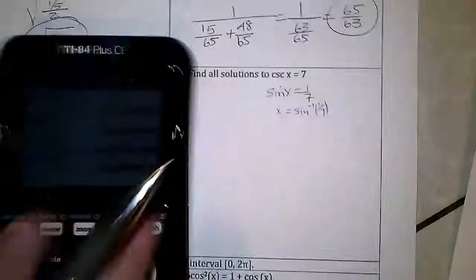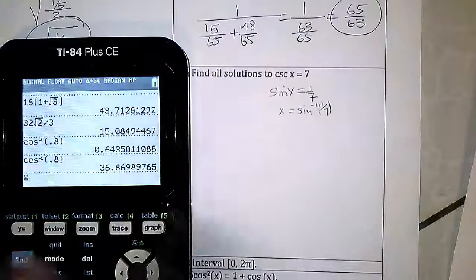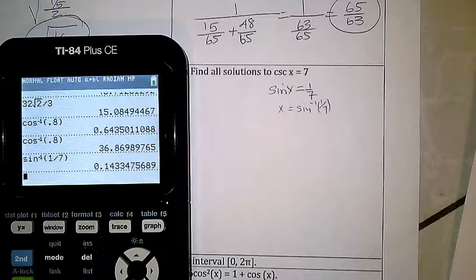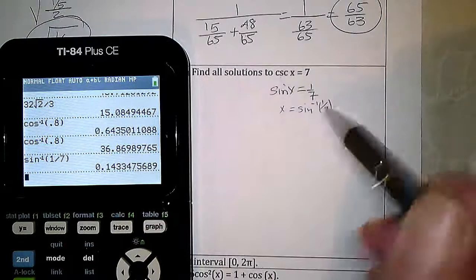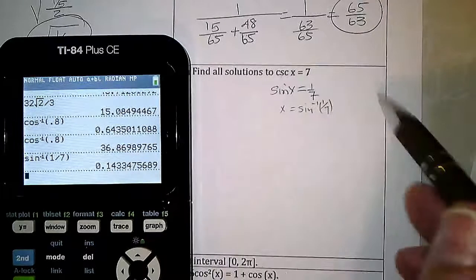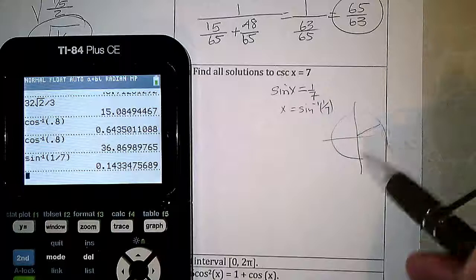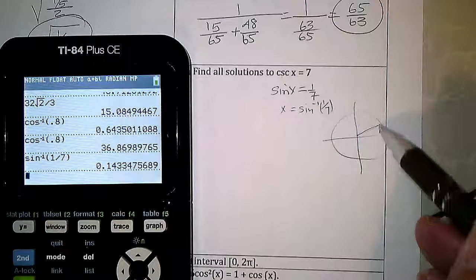Now sine is a little bit harder. Sine inverse of 1 divided by 7, and I'm in radians, so I get an answer. This is positive, so I'm getting an answer in the first quadrant, a small radian value, where the sine is 1/7.